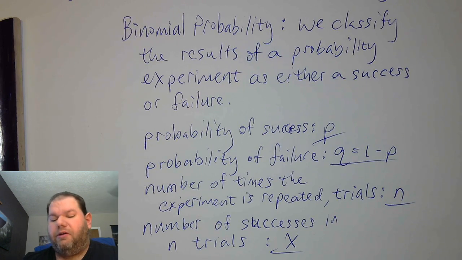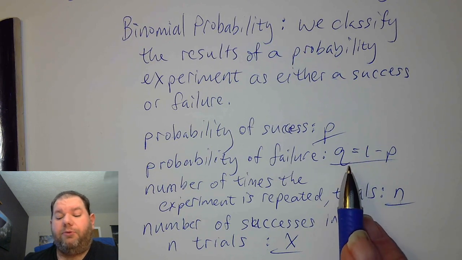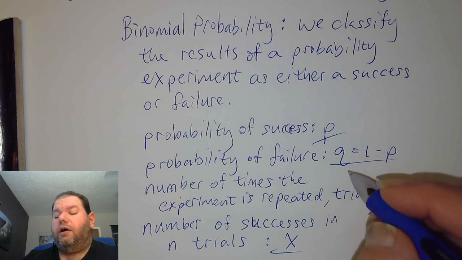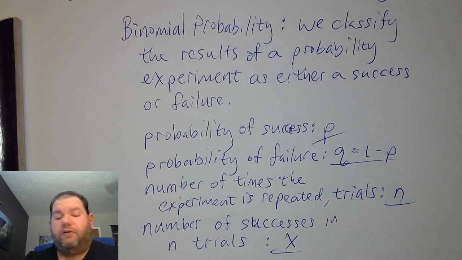All right. So typically we're only going to be working with 3 of these. I did want to mention how we would find Q, which is based on just 1 minus P, since failure is the complement to success. Okay, but we define it as something that has 2 outcomes, success and failure.